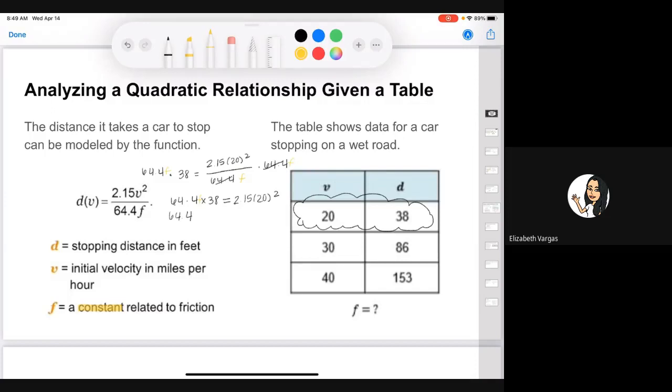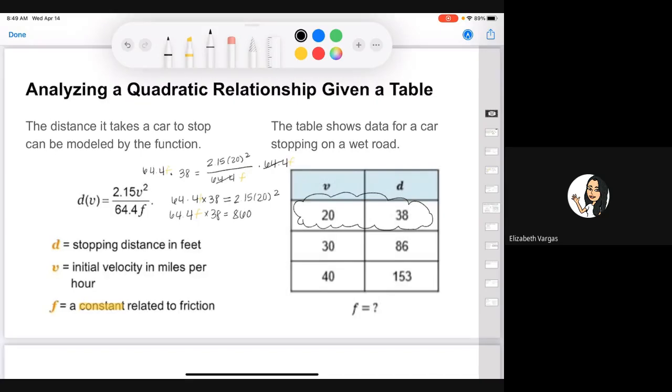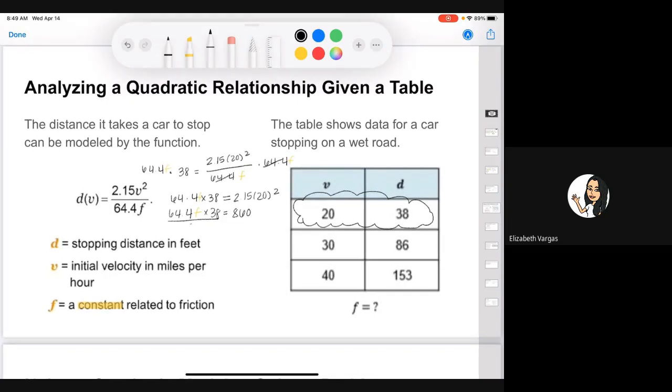Now I'm trying to solve for my f. This is equal to 160. Now I need to further isolate my f, so I'm going to divide by 38 on both sides. Equals... I am at 22.616.